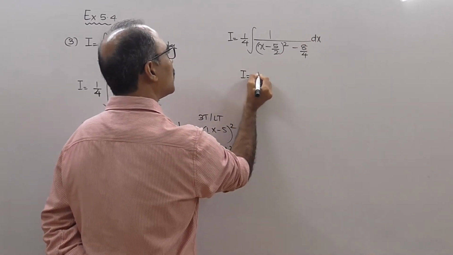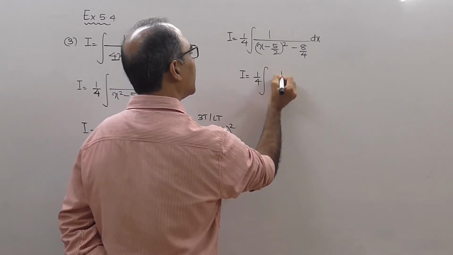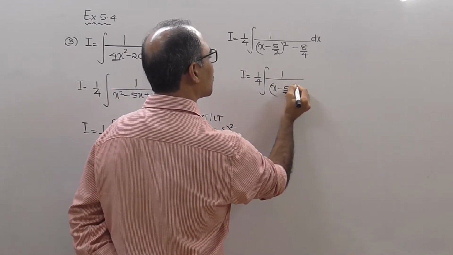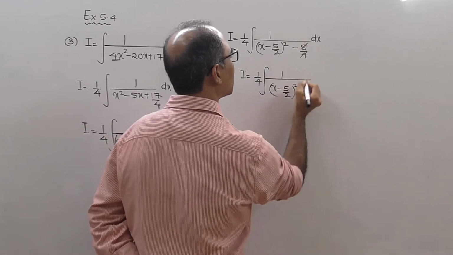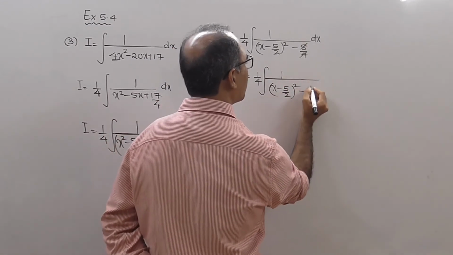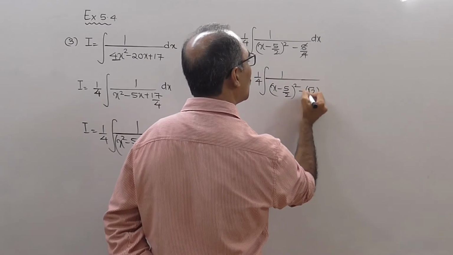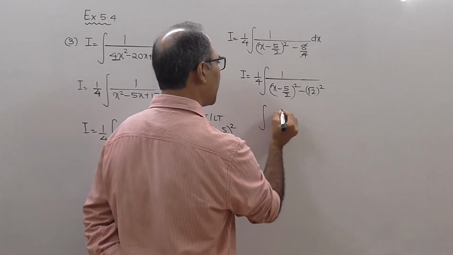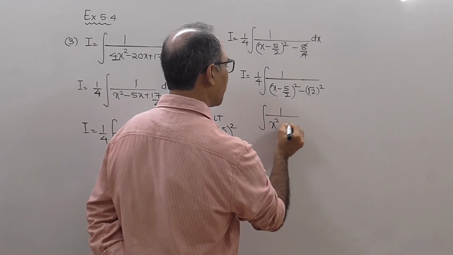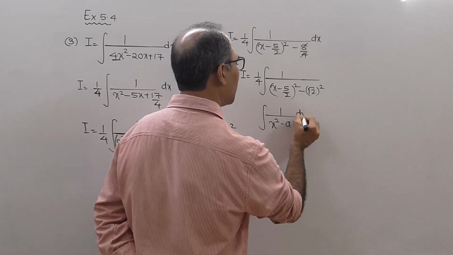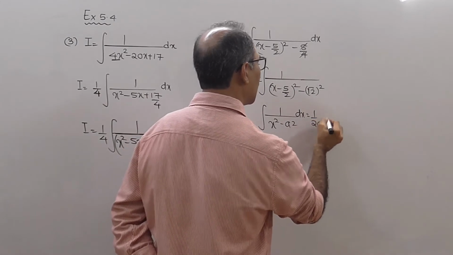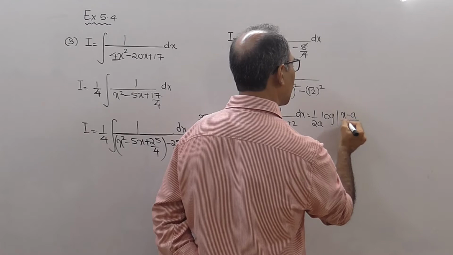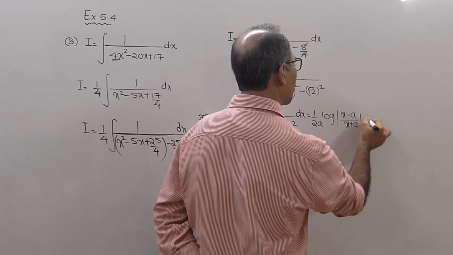So I equal to 1 upon 4 integration 1 upon (x minus 5 by 2) the whole square, cut this, this is minus 2. Minus 2 means you can write it as root 2 the whole square. So this becomes in the form of integration 1 upon x square minus a square dx, that is equal to 1 upon 2a log modulus (x minus a) upon (x plus a) plus c.